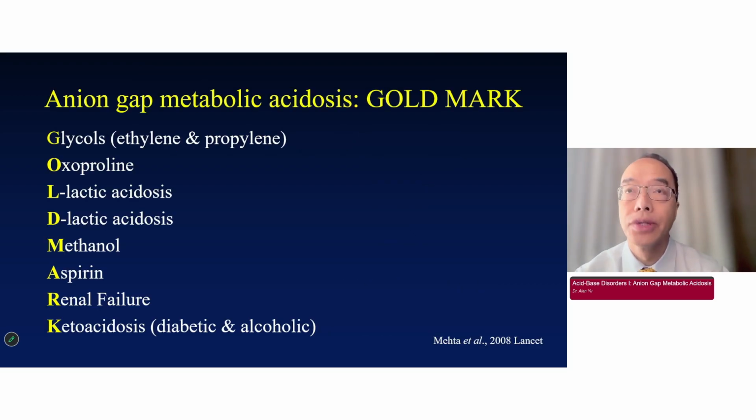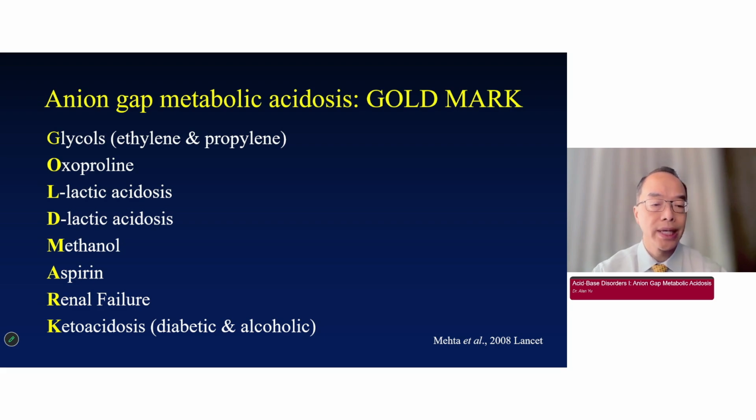So going on to the causes of an anion gap metabolic acidosis, there are a number of mnemonics that are used to memorize this. Probably the popular one now is called Goldmark. It seems to cover most of the common causes that are currently prevalent, which are G for glycols, meaning mostly ethylene and propylene glycol, O for oxoproline, which is also called pyroglutamic acidosis.